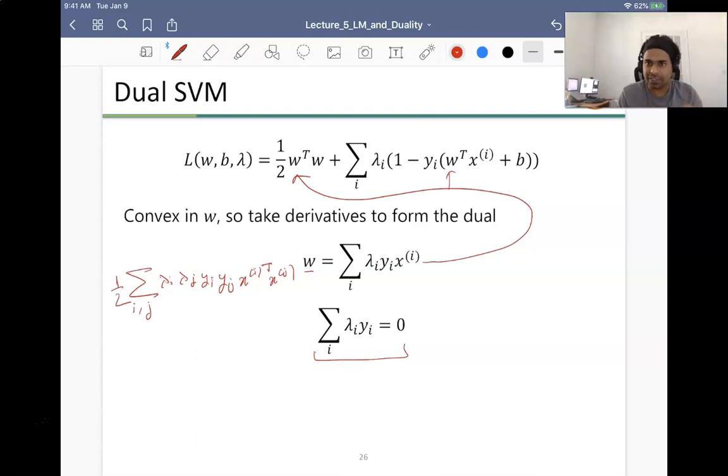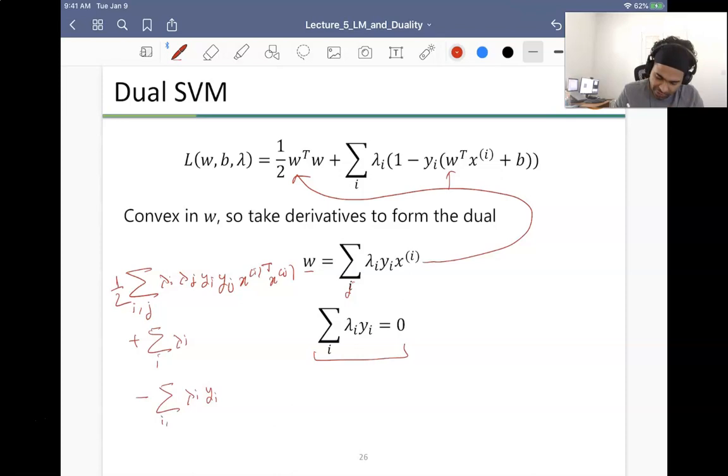So this is the first term. Then my second term is the sum over i of lambda_i. And then I have my third term, which is negative lambda_i y_i times w transpose again. My w transpose is also a sum, so I can use the variable j here.